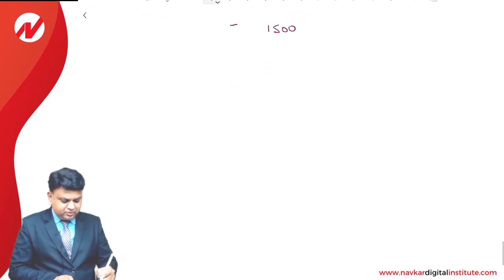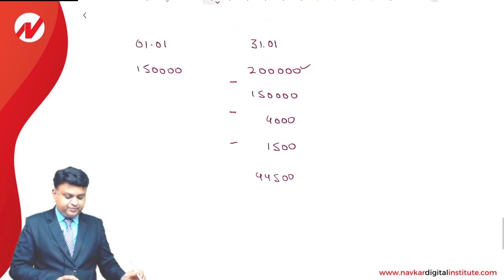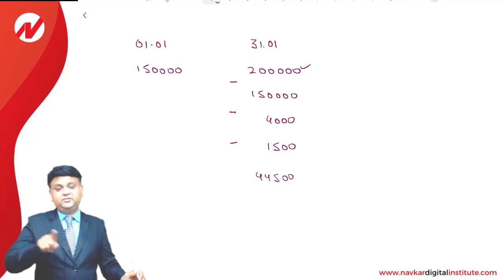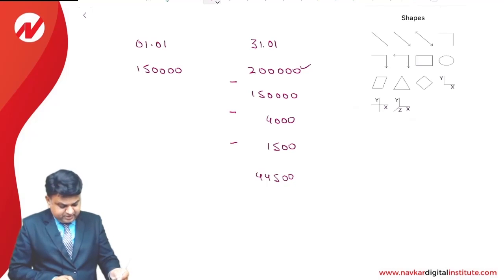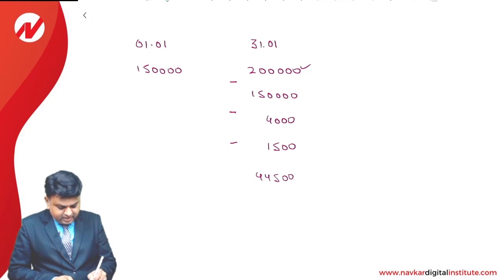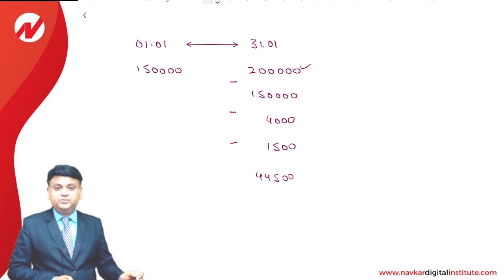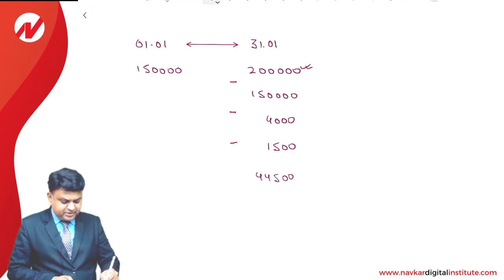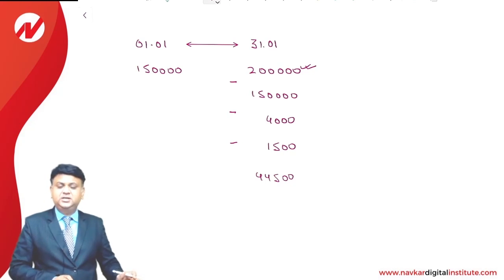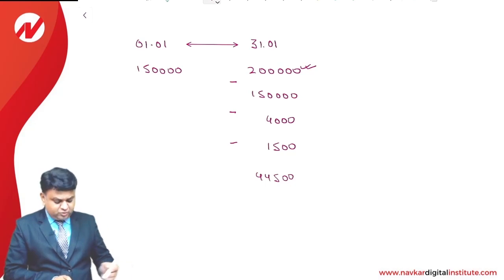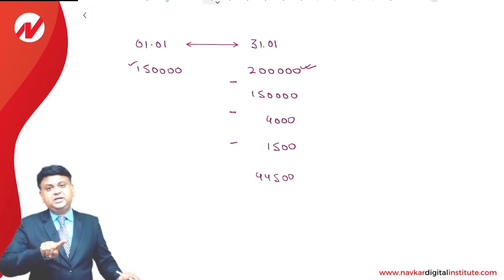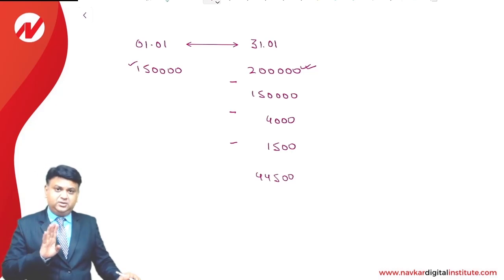So you will be able to receive 44,500 over here. Now whatever the collection that you were supposed to have during this month, and based on that you were supposed to receive an amount of rupees 2 lakh minus all the charges, on 31st of January, instead of that, that amount is paid to you at the beginning of the month. The same will be the case for February, the same will be the case for March, and so on.